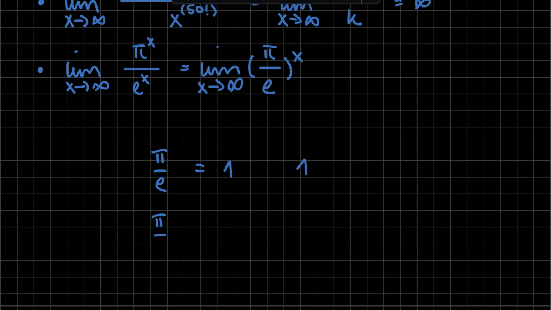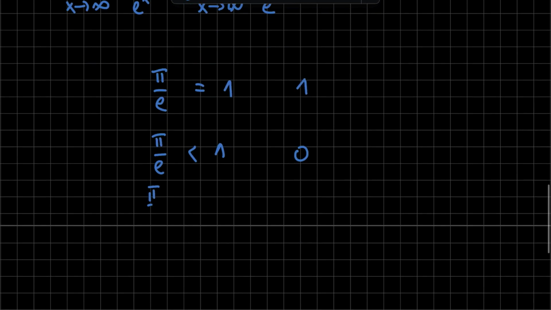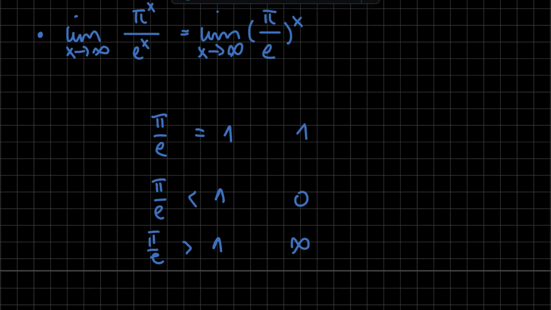But if pi over e was less than 1, and we raised it to a very big power, then we would have 0 as the answer to our limit. But if pi over e is more than 1, then our limit would be equal to infinity, because raising a number more than 1, such as 2, to a very high power like infinity, that would just give us infinity.